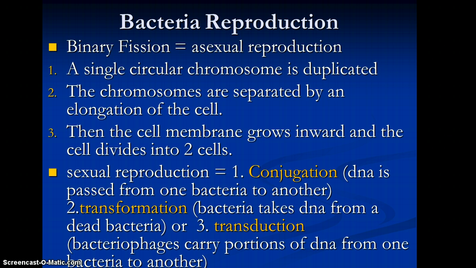Bacteria reproduction. Bacteria can reproduce asexually, or they can reproduce sexually. Asexual reproduction is known as binary fission. Their DNA is circular in shape and it gets duplicated. The chromosomes are then separated by an elongation of the cell, so the cell gets really long. Then the cell membrane grows inward and the cell divides into two.